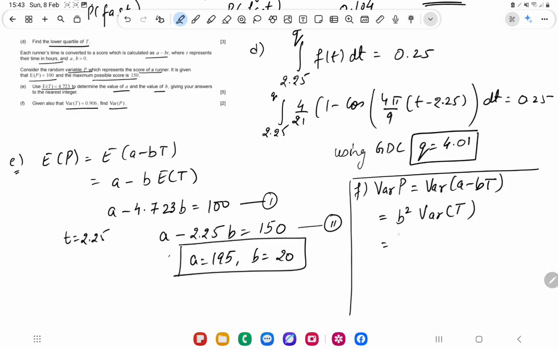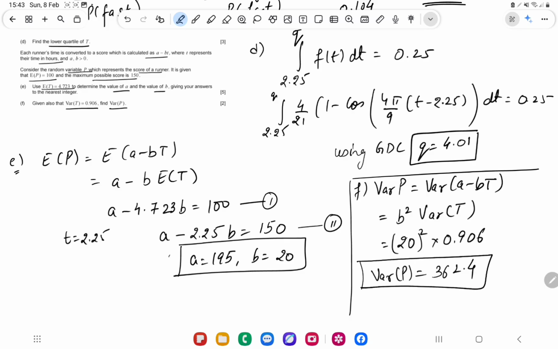The one which is given to us in E part, as 20 square, and variance of T is given to me as 0.906. So from there I can write that variance of P is 362.4. So this is how I will solve F part of the question.